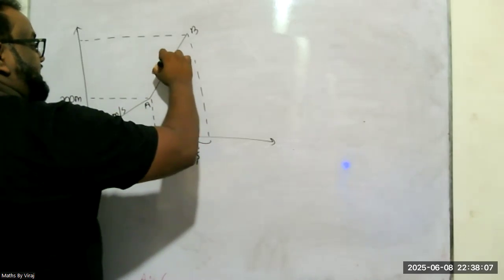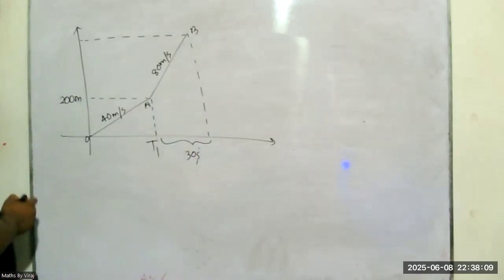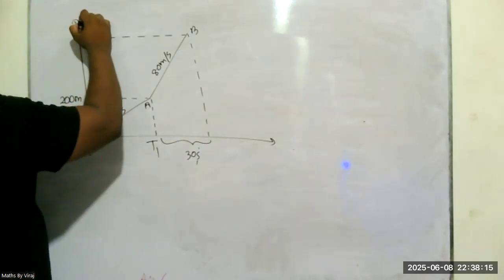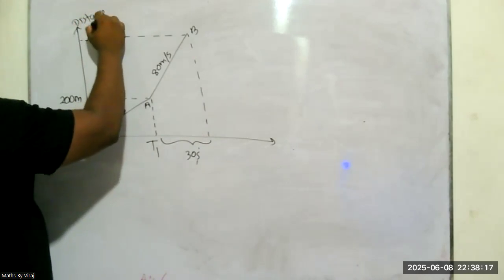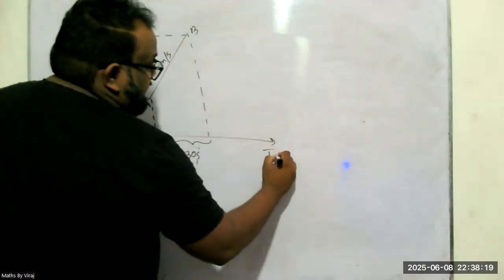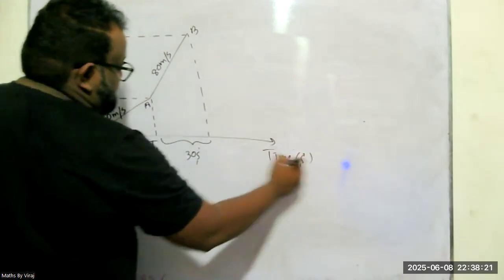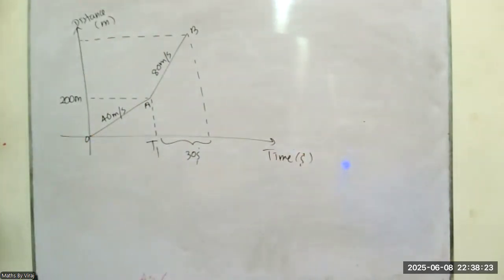The speed is 80 meters per second. What distance has it gone? Let's try to figure this out. Distance in meters, time in seconds. What do you think is the time?